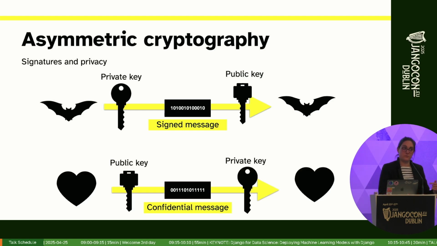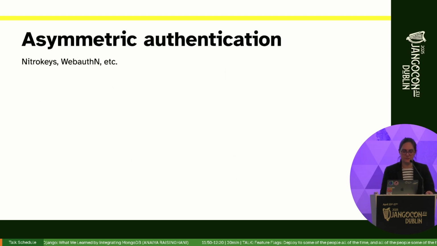And if you encrypt something with a public key, you can only decrypt it with the corresponding private key. So the first use case is to sign messages. It's an authentication method. Can you see where I'm going? And the reverse is to ensure that the message is confidential. But now I'm just talking about signed messages.